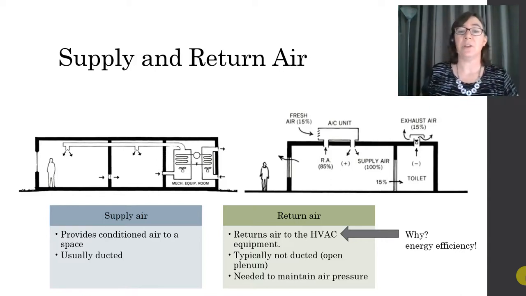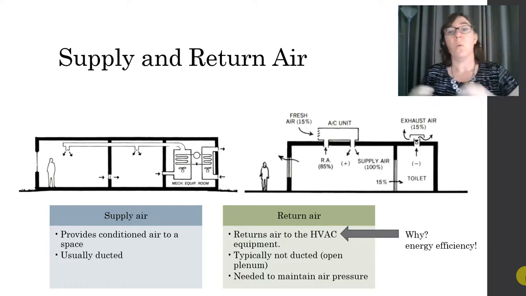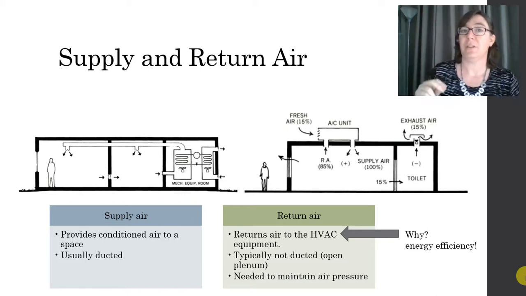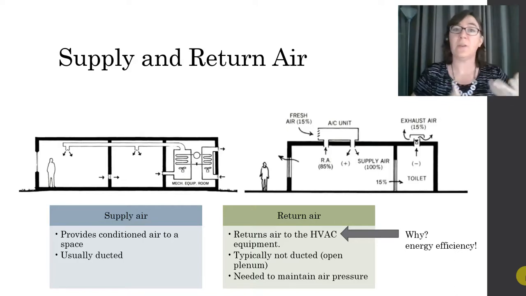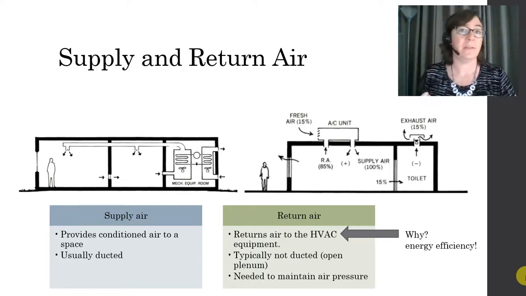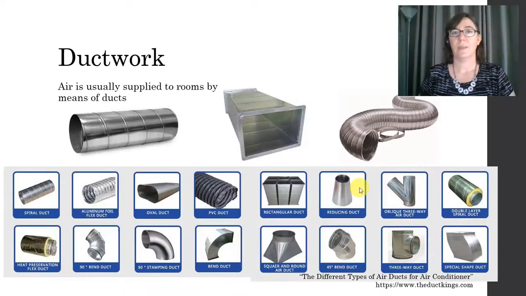And return air is generally needed to maintain air pressure in the building. Why do we return air to the mechanical equipment? For energy efficiency. If you've already heated and cooled some air, you might as well use that nice conditioned air and run it through your mechanical equipment again.